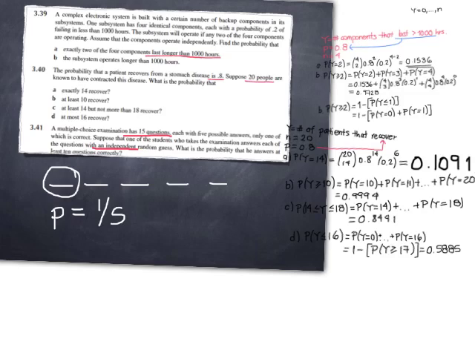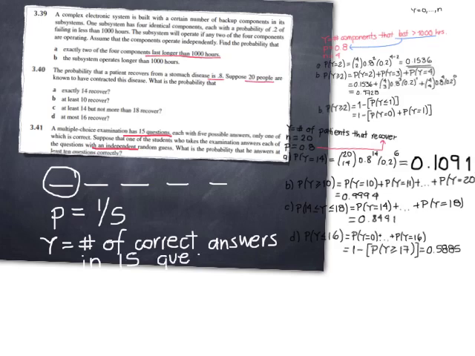Now, if we define y as the number of correct answers in 15 questions, then we can actually do this with a binomial distribution.